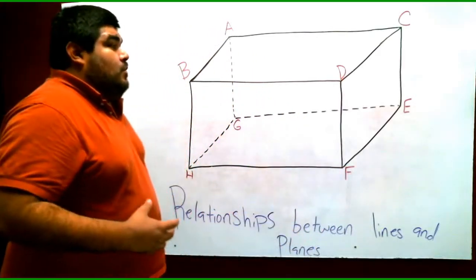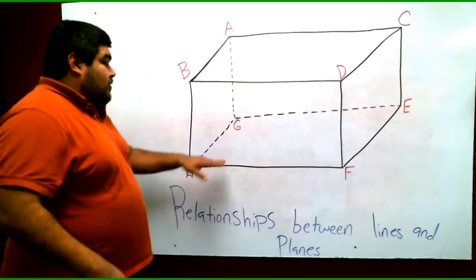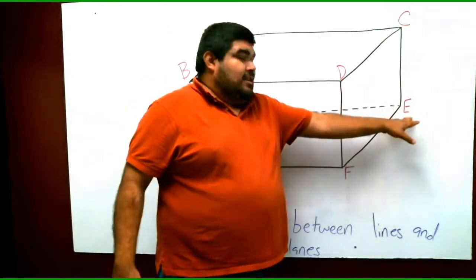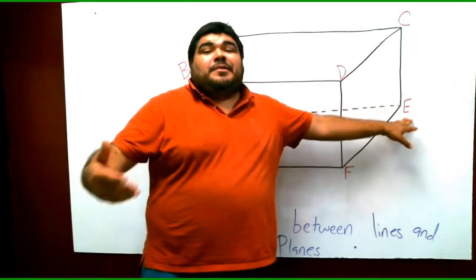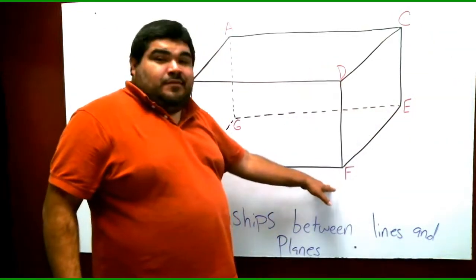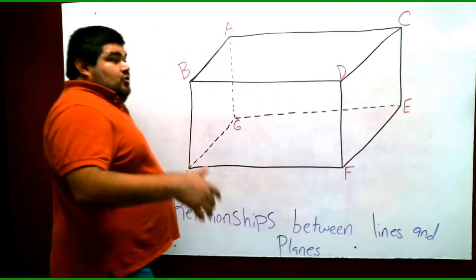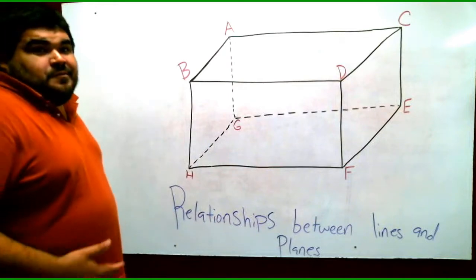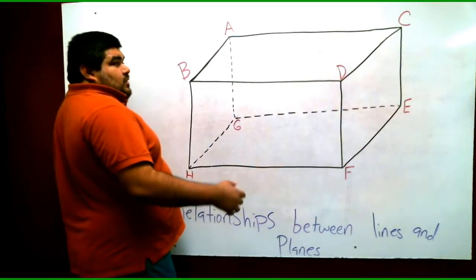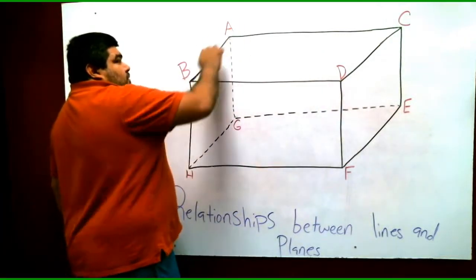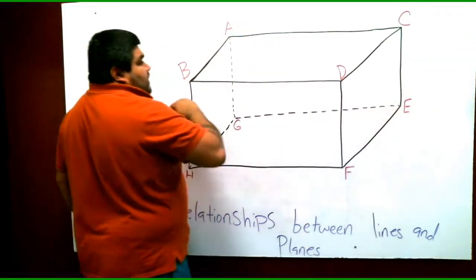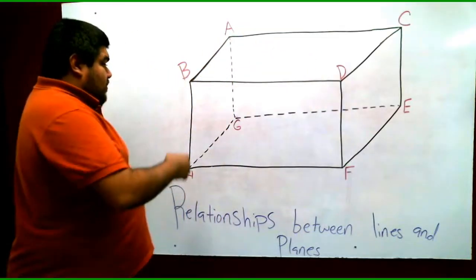Okay? What we can say though is we know that GE does not intersect and is not parallel to DF. So therefore, we know that GE is skewed. Okay? Another one that can be skewed is AB, because remember, it's not parallel to it, it's not intersecting it, so it's another one that can be skewed.